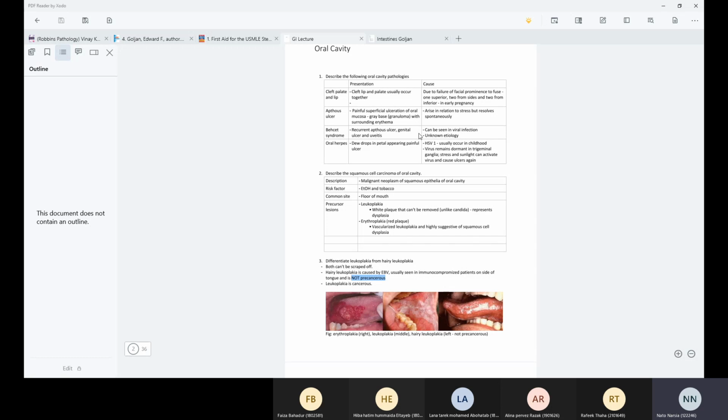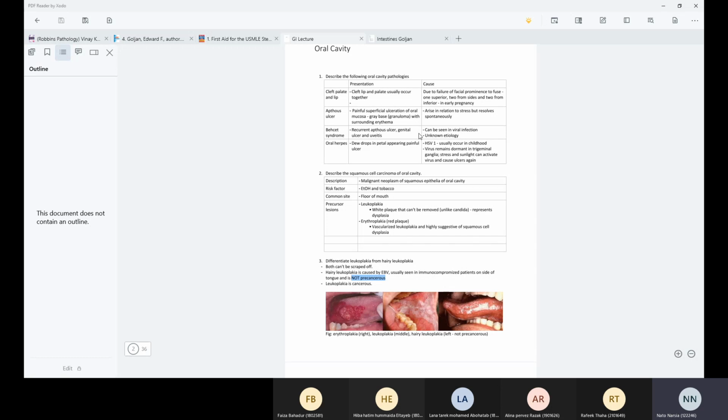Oral herpes, all of you know, okay, what is oral herpes? It is related to HSV-1, but you should know what is HSV-2. HSV-2 actually causes genital herpes, okay, and you should not make a mistake there. Herpes virus 1 and herpes virus 2.